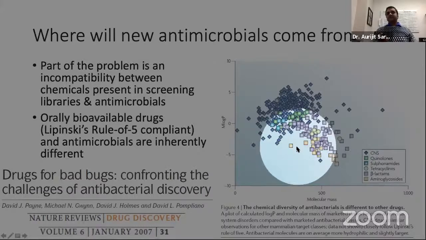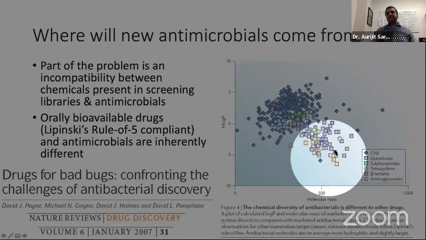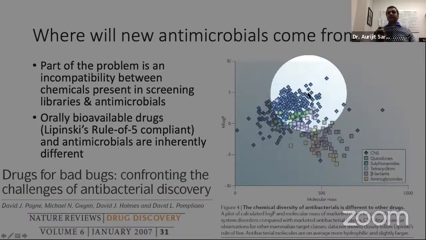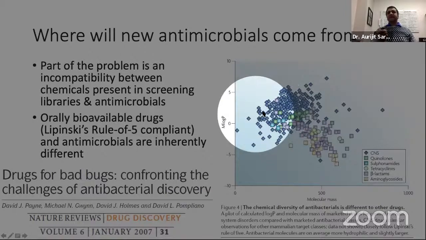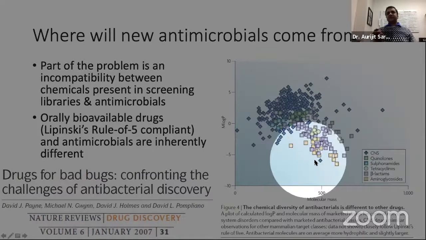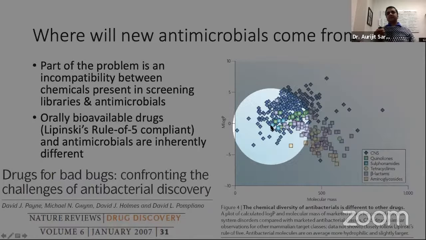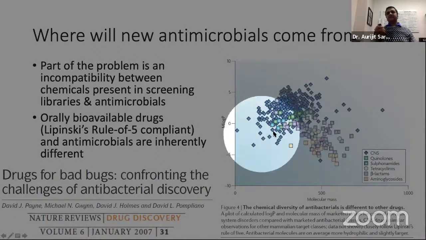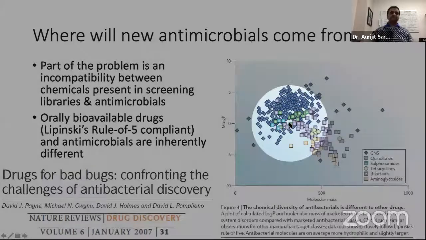And what you observe is that all of these different colors are antimicrobials, whereas these smaller dark blue rhombi are the typical screening library-like chemicals.